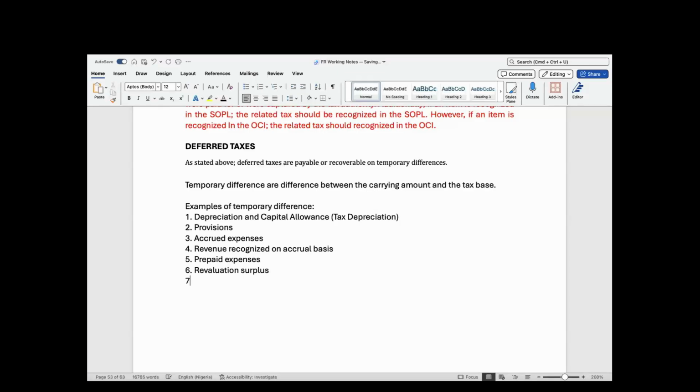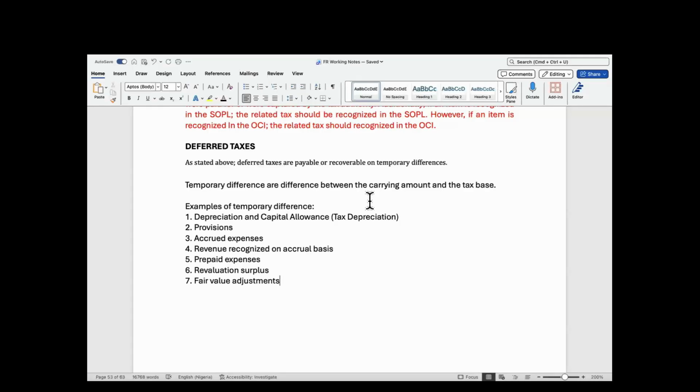The same explanation can go for fair value adjustment. When there are changes in fair valuation, either fair valuation of an investment property or fair valuation of a financial asset, when you fair value an item, if it's a loss, the taxman will not allow it as a deduction.